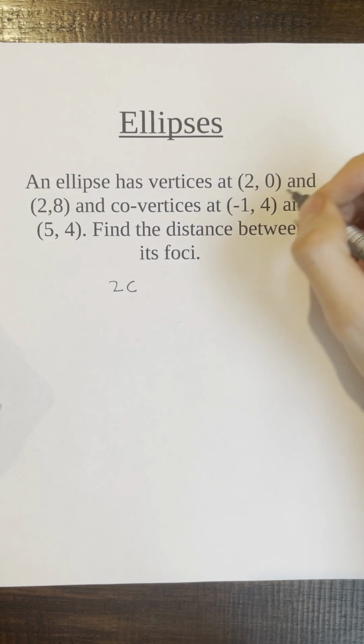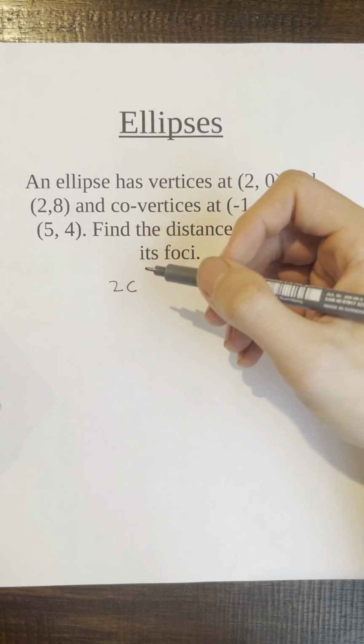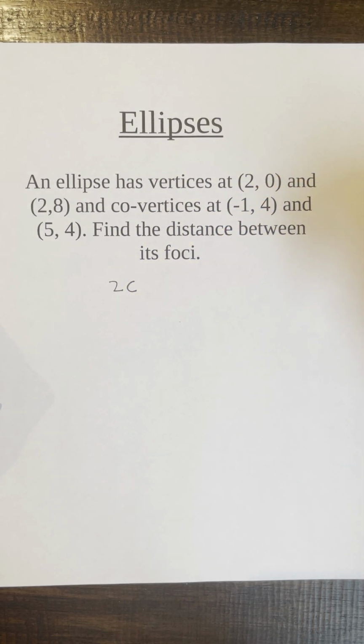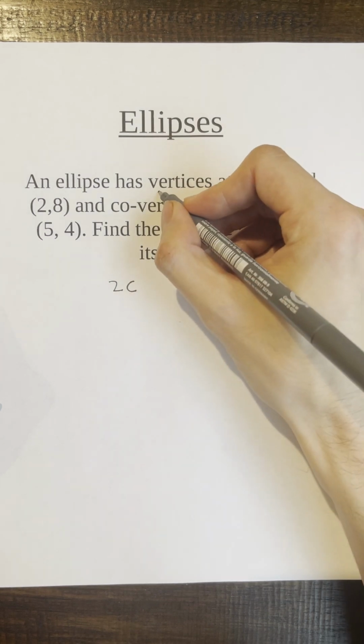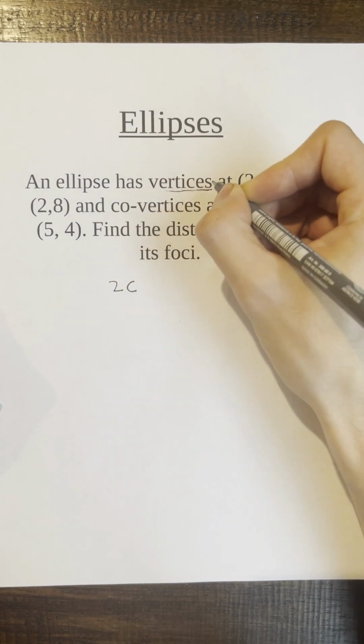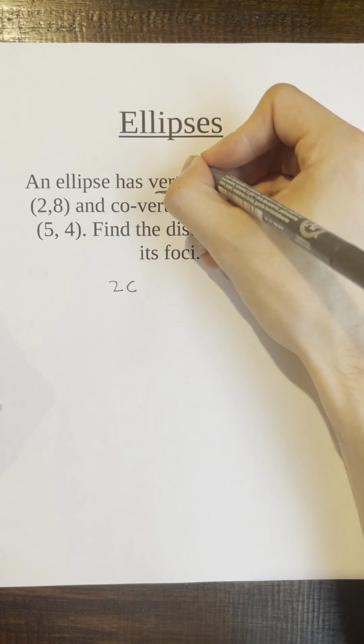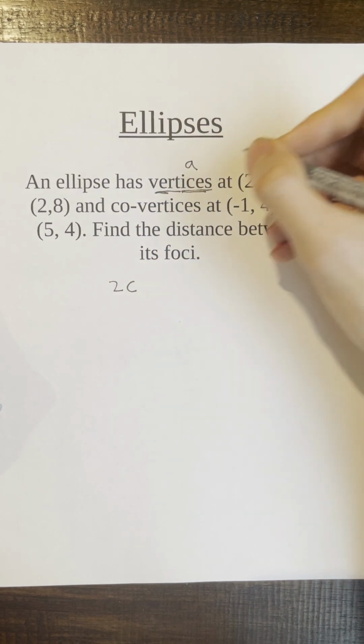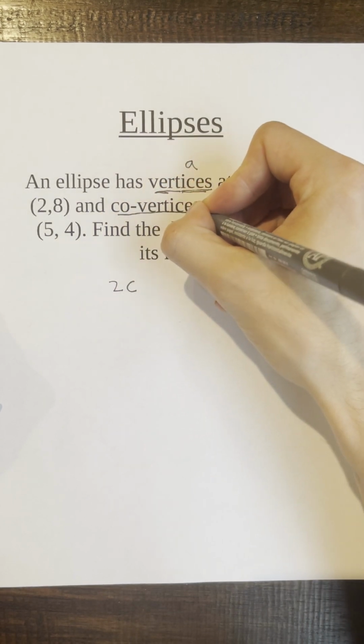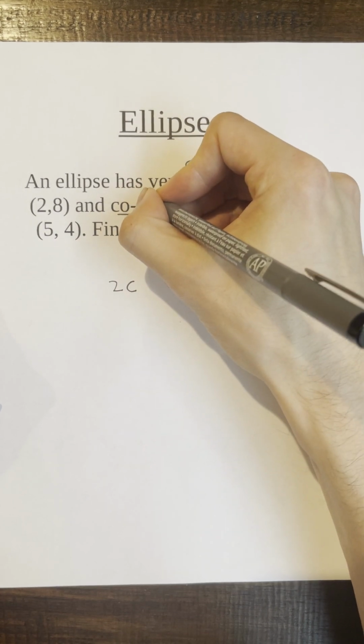Okay. And what other information did they give us? So they gave us information about the vertices. And when you see vertices, think about A. When you see co-vertices, think about B.